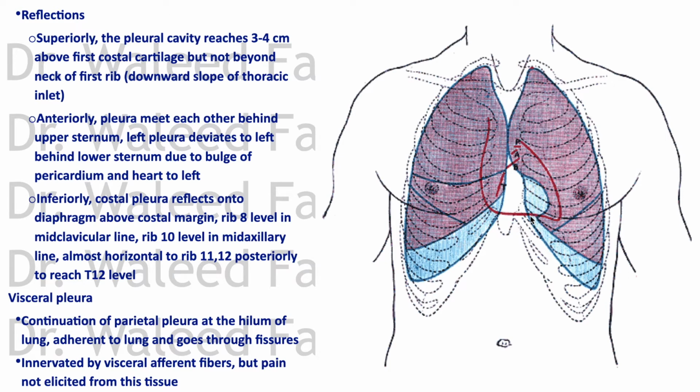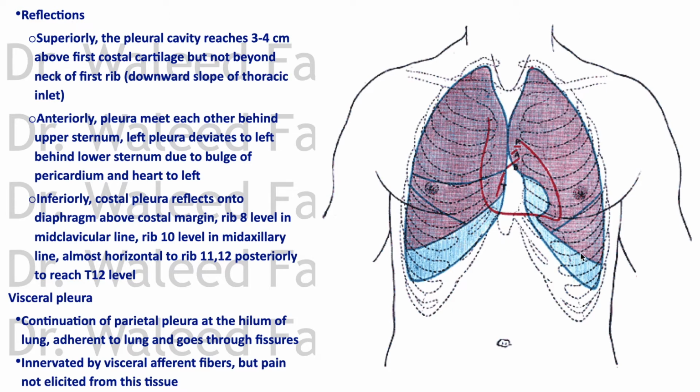Inferiorly, the pleura deviates laterally, the inferior margin of the pleura. It cuts the mid-clavicular line by rib 8, the mid-axillary line by rib 10, and posterior to the 12th thoracic vertebra. So remember 8, 10, 12.